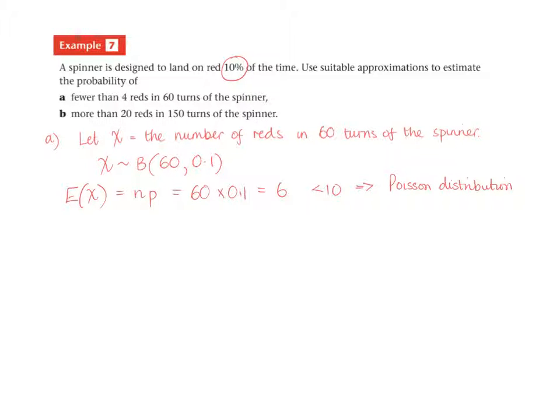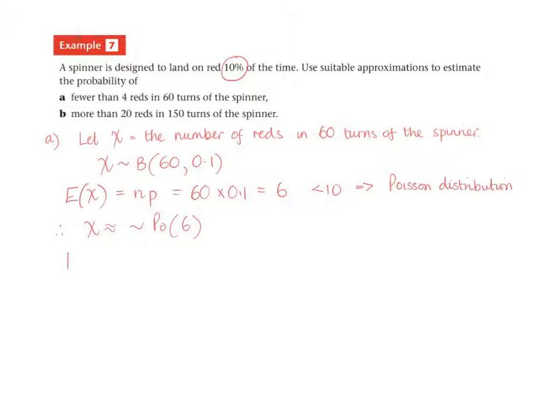So this is just something that you've got to learn with this. So therefore, X can be approximated to a Poisson of 6. So we can go straight from the binomial to the Poisson rather than the normal. So we don't have to do any continuity correction at all.